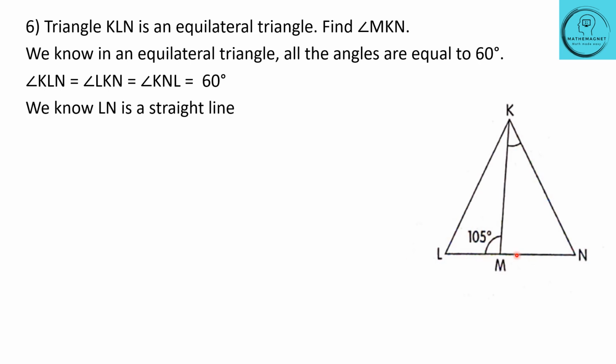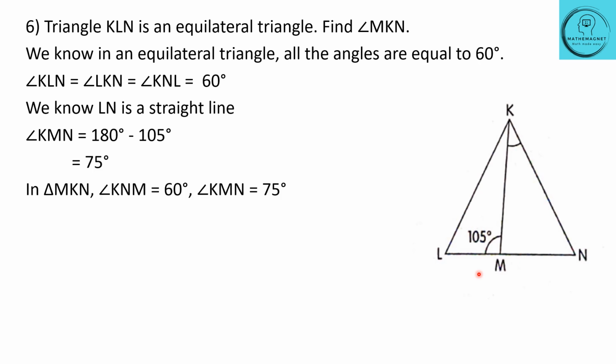They have already given us angle KML, and we know LN is a straight line. If we know this angle, we can find angle KMN. So KMN is equal to 180 minus 105, which is 75 degrees.